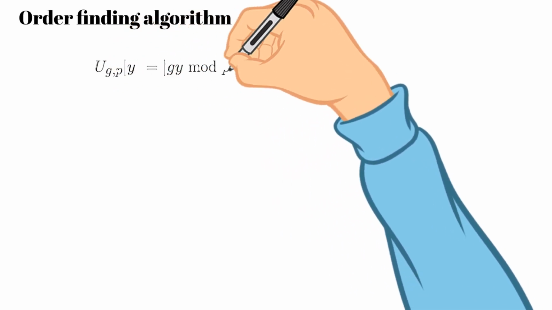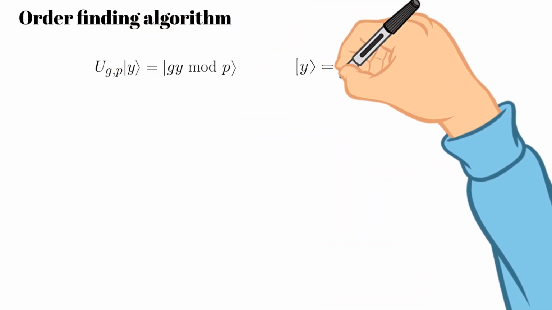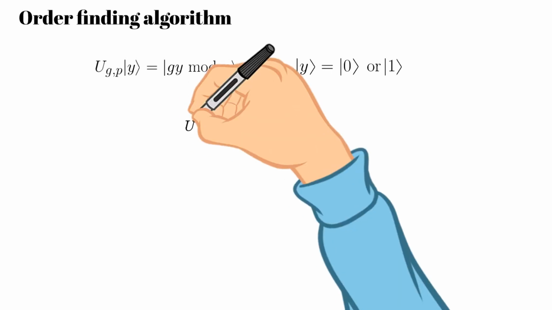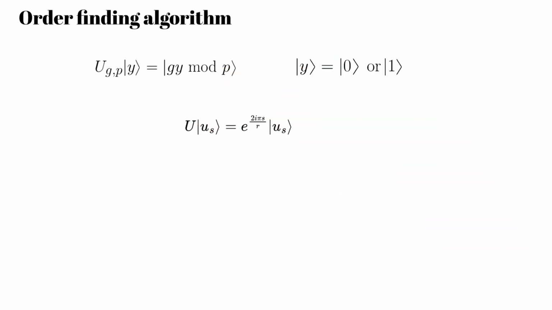The operator U acts on the state ket y, where y is state 0 or state 1. Then it produces the state ket of g times y mod p. The eigenstates of this operator are written as ket u sub s, and each one has an eigenvalue of e to the power of 2 i pi times s divided by r. It is not difficult to show two important properties of the eigenstate u sub s.